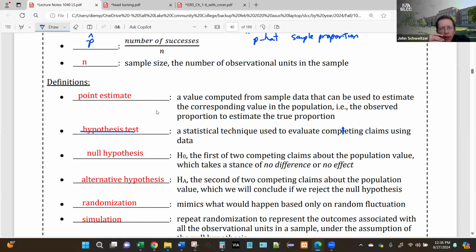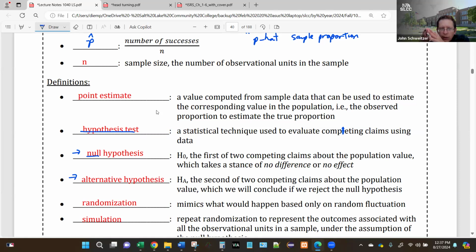So what are the competing claims? Well, there's always two hypotheses. There is a null hypothesis and an alternative hypothesis. What does null mean? Null means nothing, kind of nothing. So it's the hypothesis of no effect. There's nothing really new or interesting to see here.